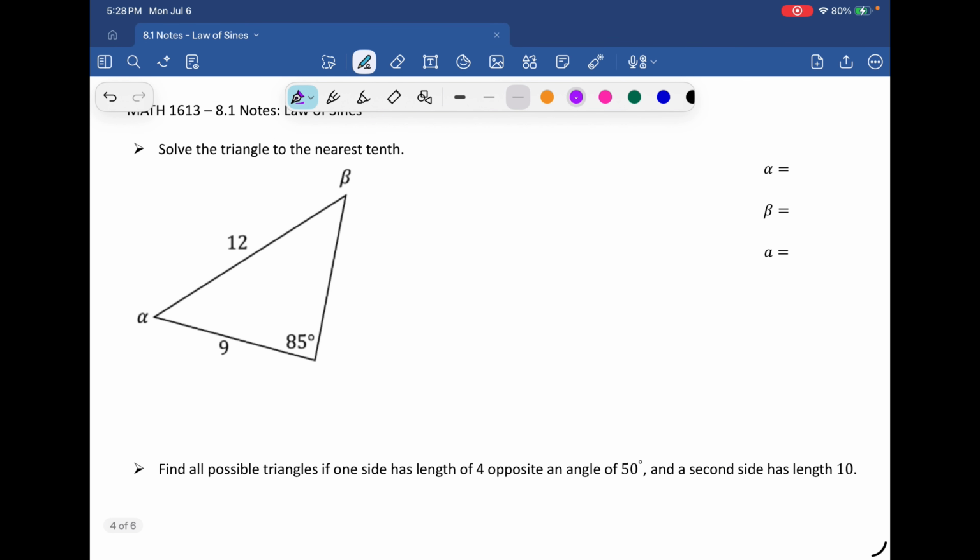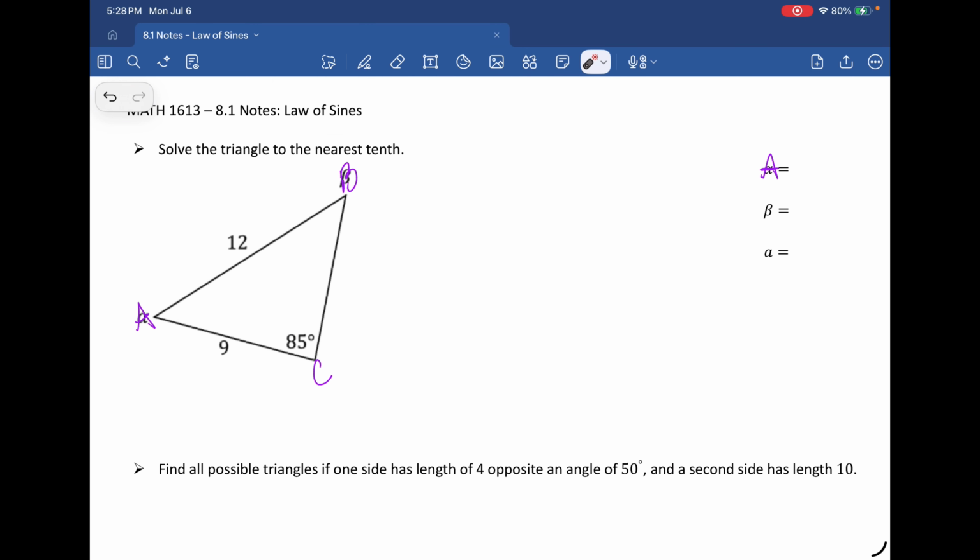Solve the triangle to the nearest tenth. So I'm going to label the triangle A, B, C, capital letters for angles and lowercase letters for sides.